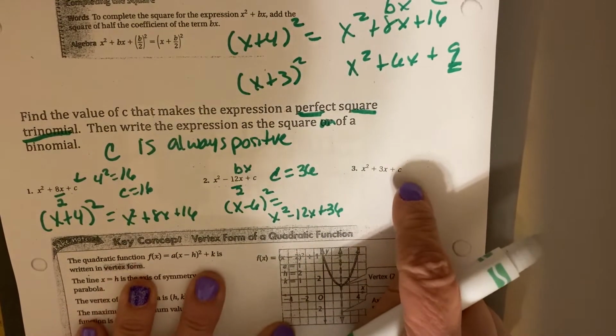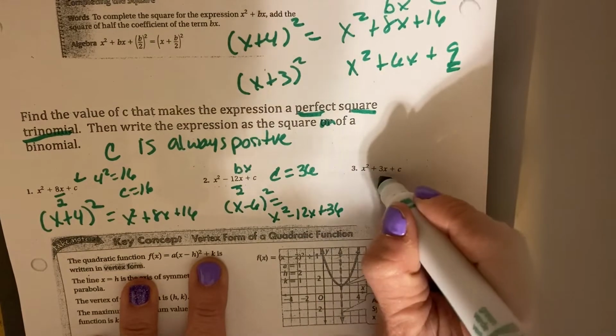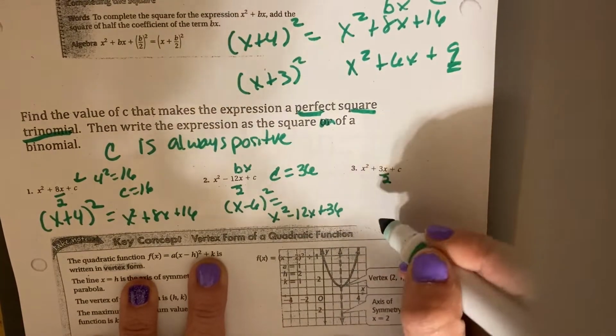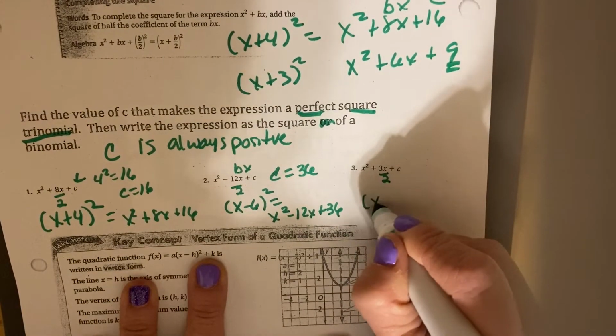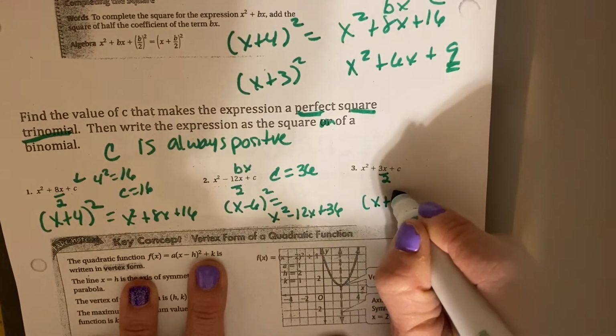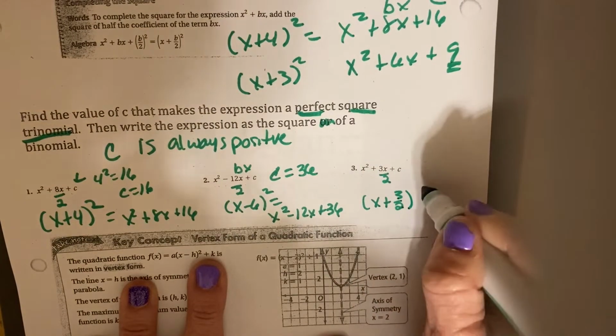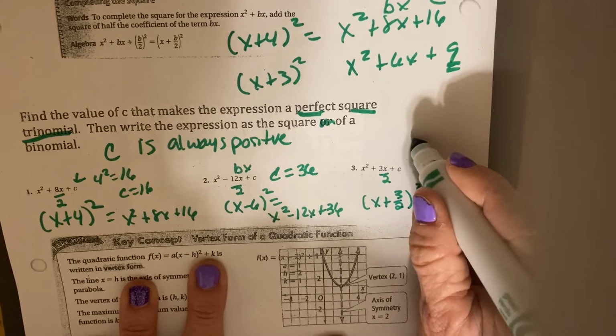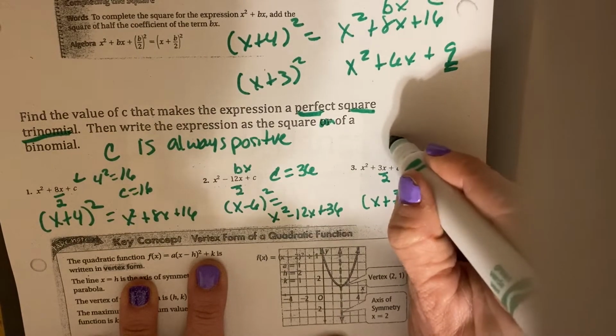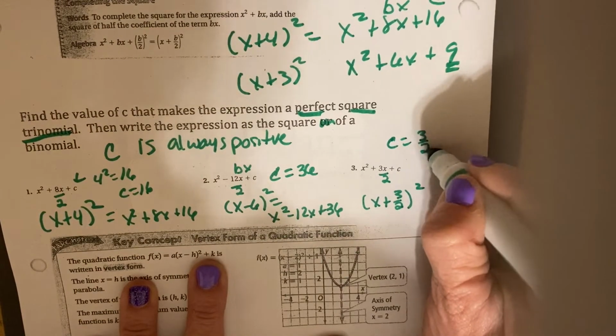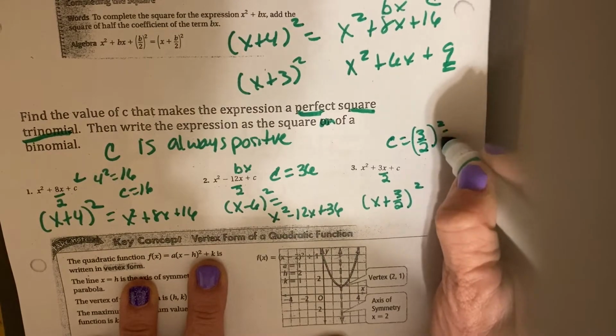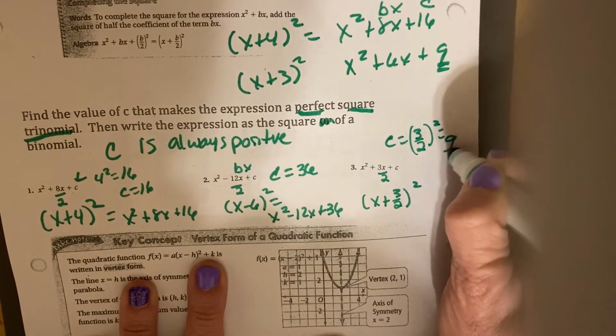X squared plus 3x plus c, divide that by 2, so my square binomial becomes x plus 3 halves. And if I want to find my c value, I'm going to take that 3 halves and square it, and that becomes 9/4.